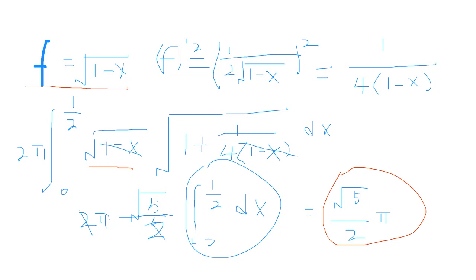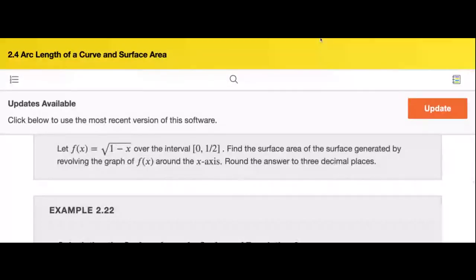Okay, anyone has any questions? You may check to see where you made a mistake, right? Okay. Let's go back to the text. Why is it over 2 again?